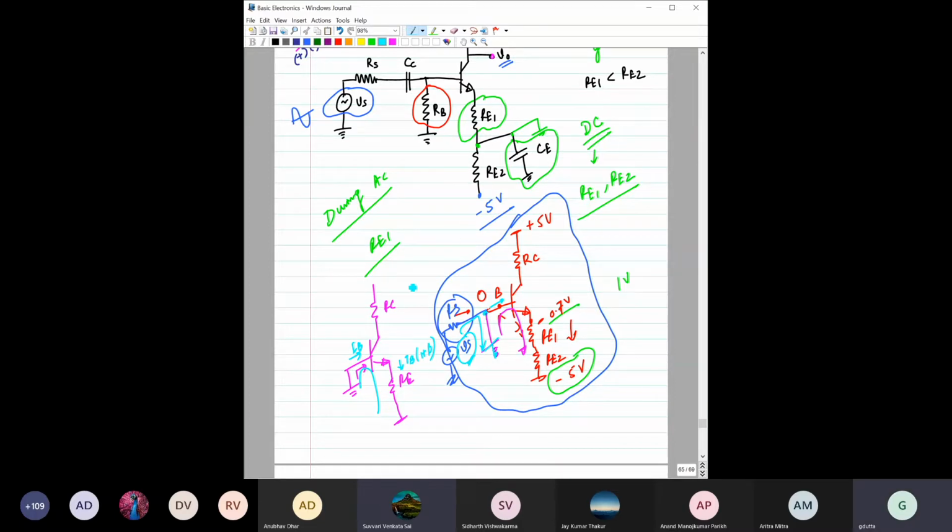This is saying can, but if RB is present, will some part of the signal also drop across this? It will go, right? Is it clear? Yes, clear. Okay, fine.